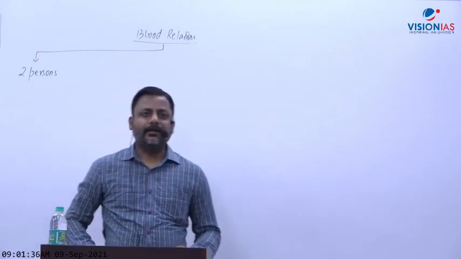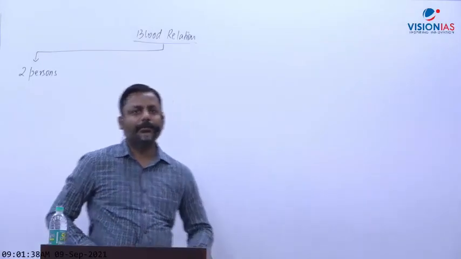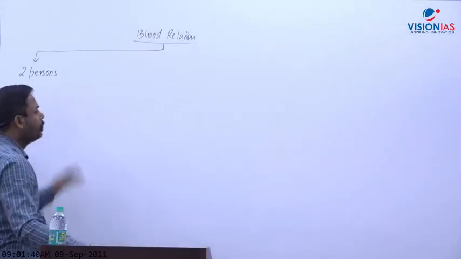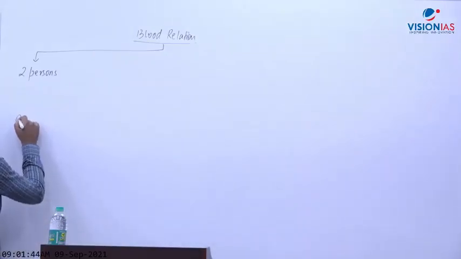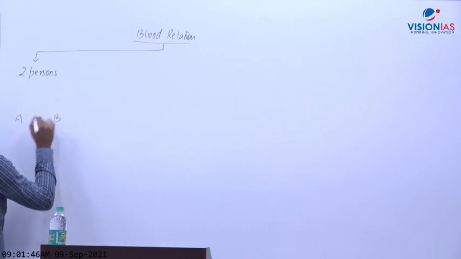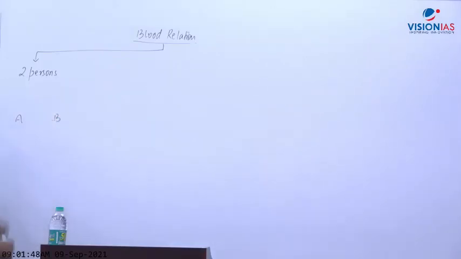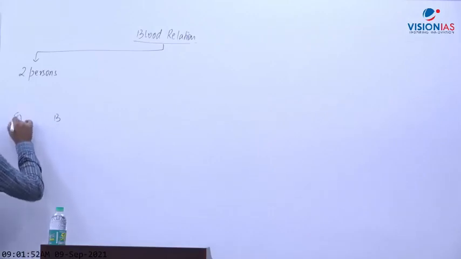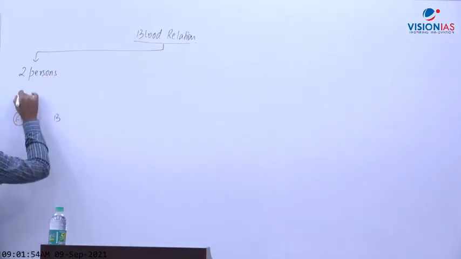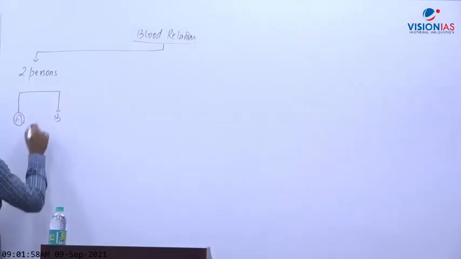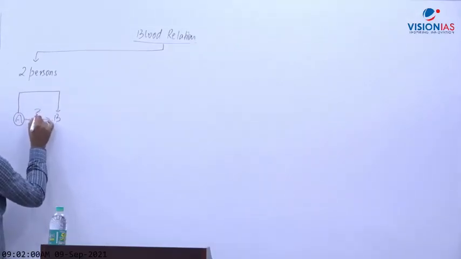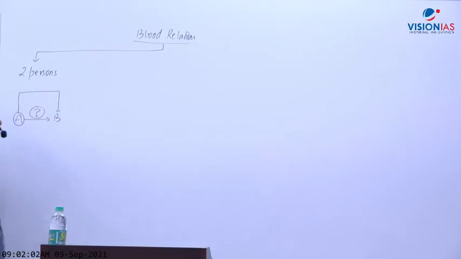An indirect relationship between any two persons will be given, and we need to find the direct relation between the two persons. Let's say A and B are two persons. Pointing towards B, A will give you an indirect information of the relationship with B, and we need to find the direct relation between A and B.